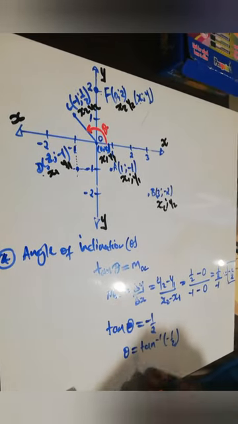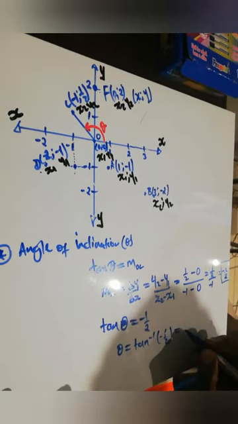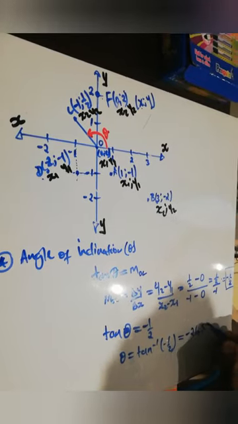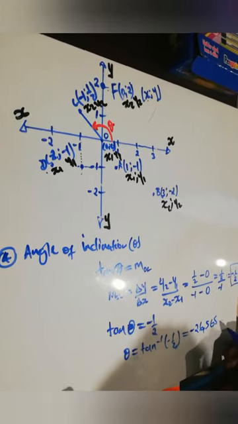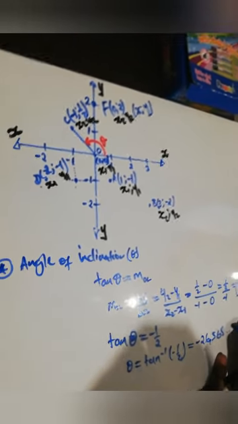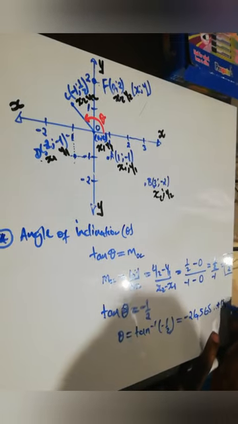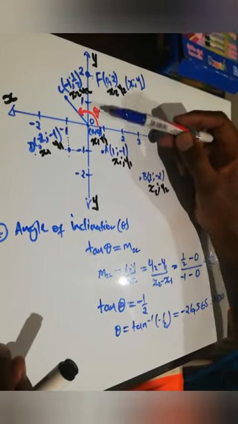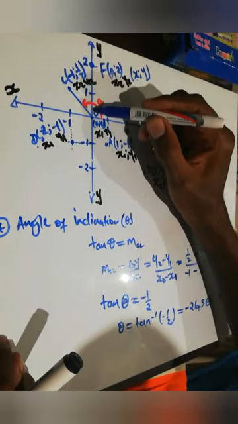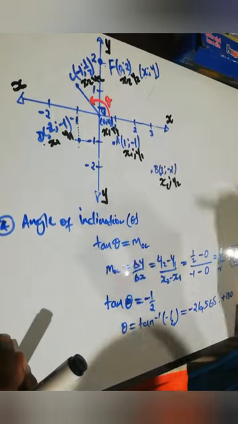Then theta will be negative 26.565 degrees. Now because the answer is negative, you're going to add 180. Even if you compare on the diagram, you can see that this angle here is greater than 90, because we know the y-axis and the x-axis intersect at 90 degrees.